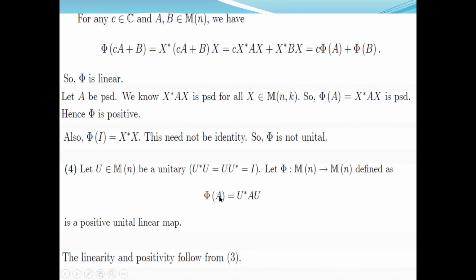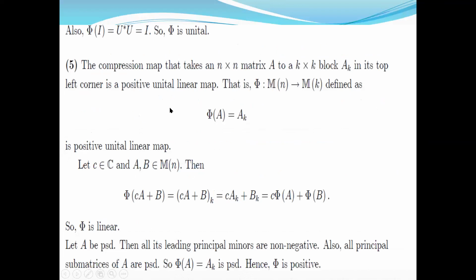Because when A is the identity, we have U star U, which is again the identity. So phi is a positive unital linear map. Now the compression map that takes an n by n matrix A to the k by k block A_k in its top left corner is also a positive unital linear map.